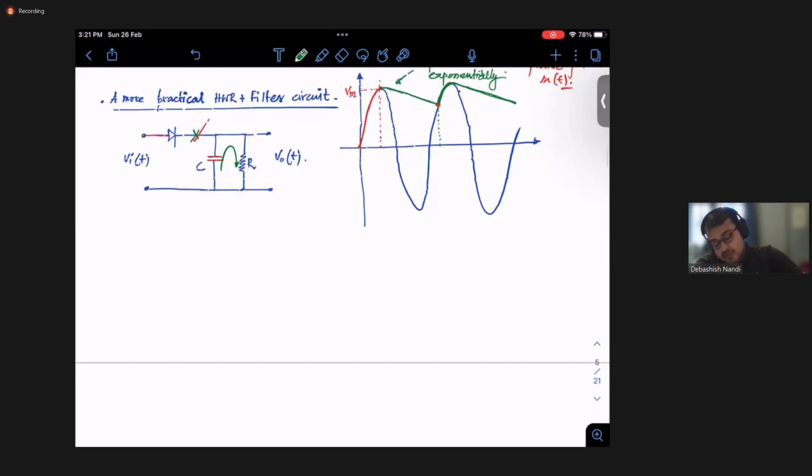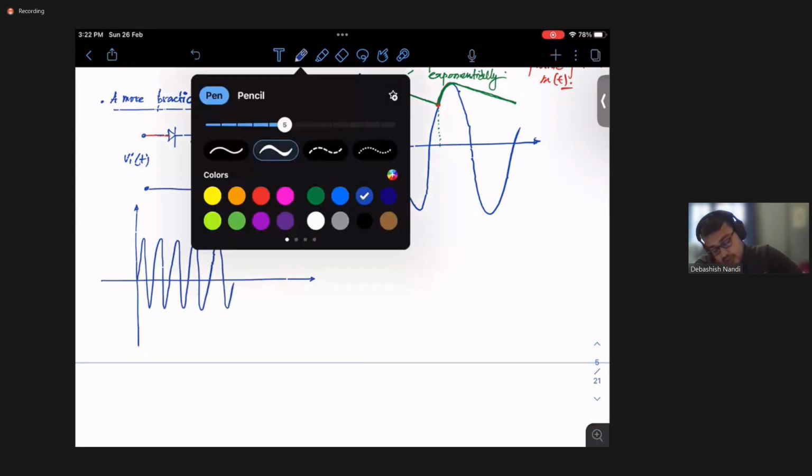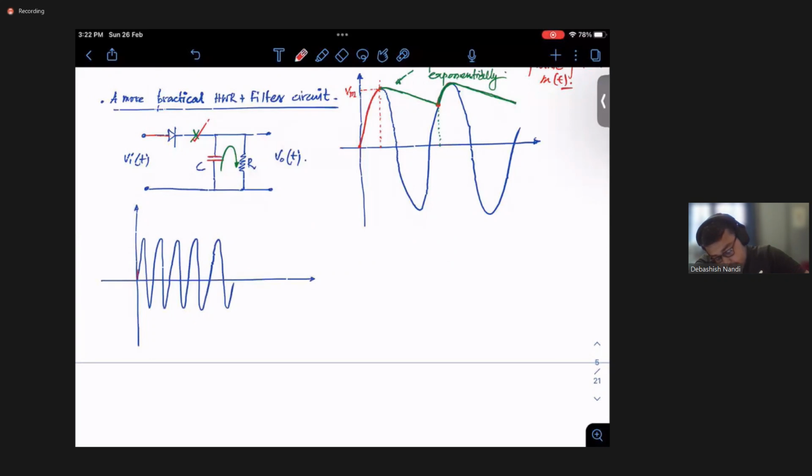So now let me show you. Now you will realize what the issue here is. Let's say this is my sinusoidal signal, and suppose you are getting charged, and this is your output voltage.